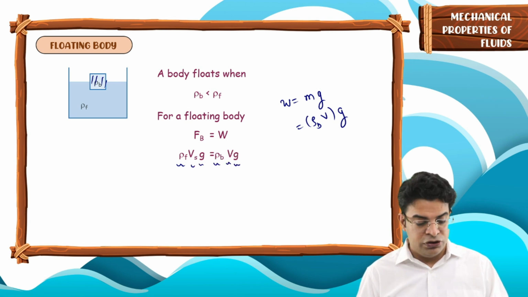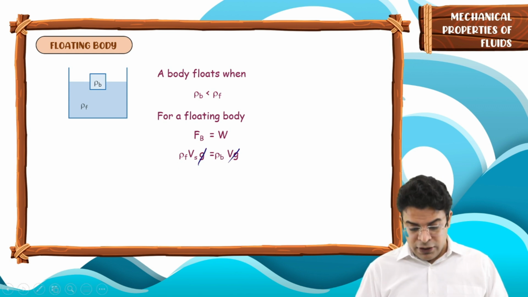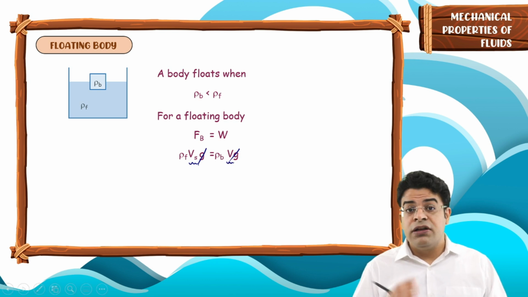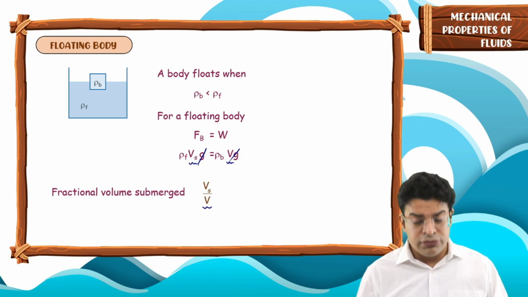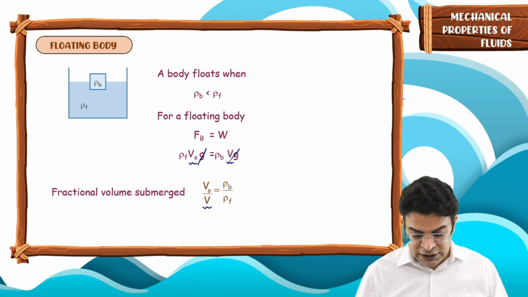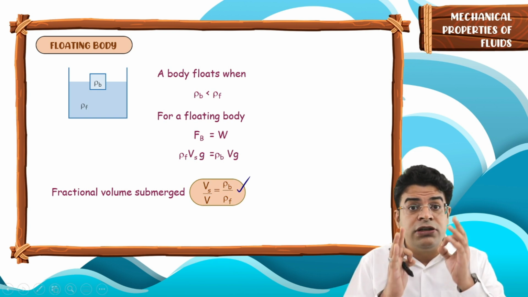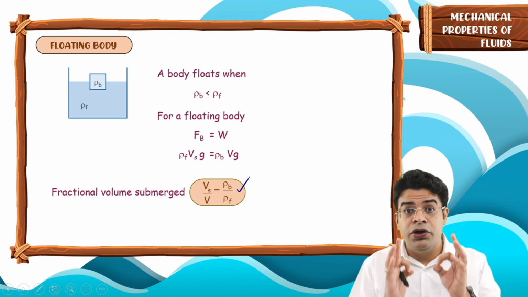Now cancelling g on both sides, you can say that the volume submerged upon the total volume, or the fractional volume submerged, equals the density of the body upon the density of the surrounding fluid. Notice that the fractional volume submerged is independent of the acceleration due to gravity.